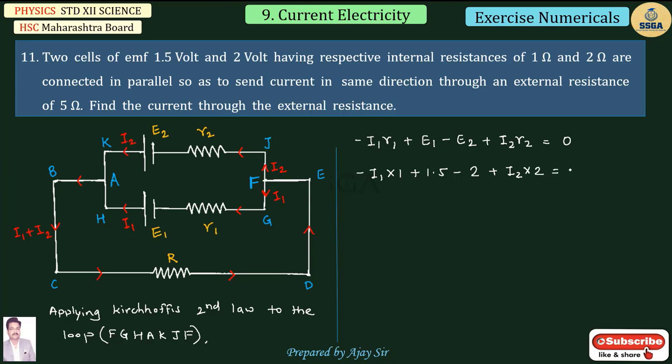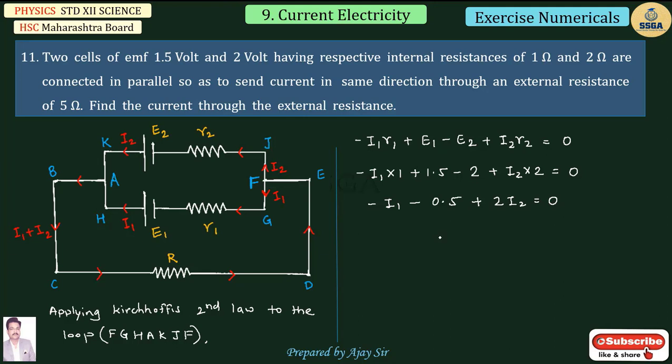So this is equal to 0. After multiplying, this is minus I1, minus 0.5, since 1.5 minus 2 is 0.5, and the sign is that of the greater number, that is minus. So this is plus twice I2, which is equal to 0.